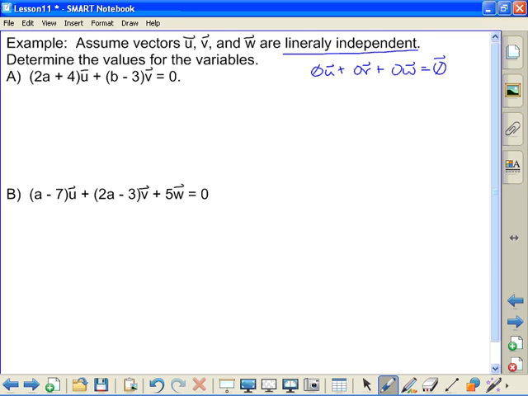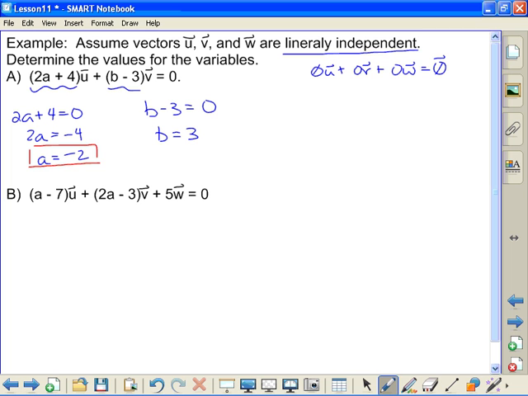So when we look at the example here, this coefficient or multiplier or scalar value has to equal 0. So 2a plus 4 equals 0. Solving for a, we find that a equals -2. We find that b minus 3 has to equal 0. So b equals 3. Remember, the coefficient is the expression in front of vectors u and v.